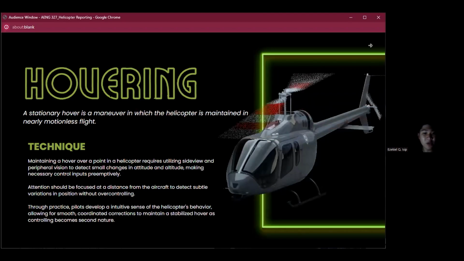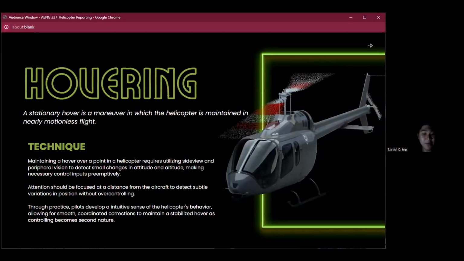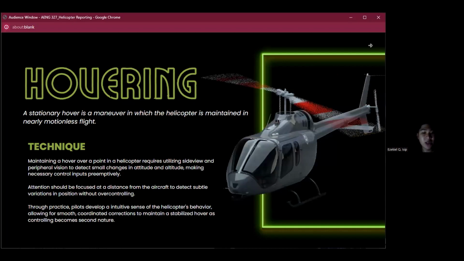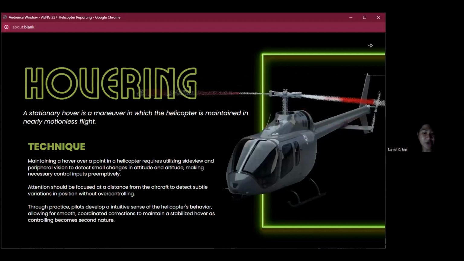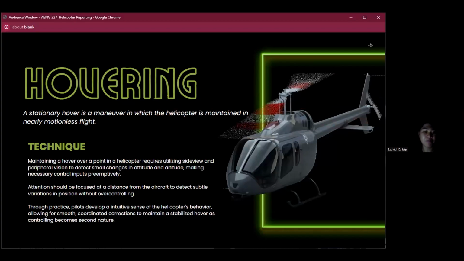And a tip, to maintain the helicopter in a stabilized hover, the pilot should make small, smooth, and coordinated corrections. As the desired effect occurs, the pilot should remove the correction in order to stop the helicopter's movement. For example, if the helicopter begins to move rearward, they should apply a small amount of forward cyclic pressure.